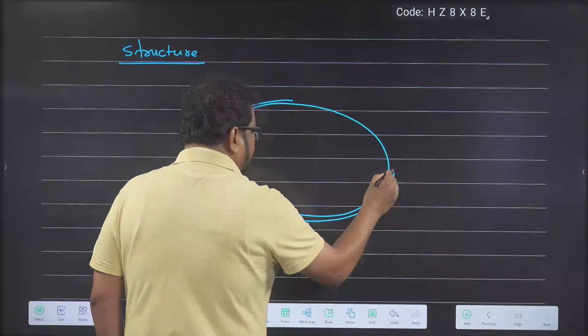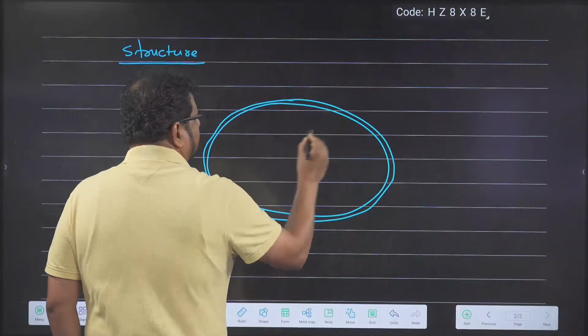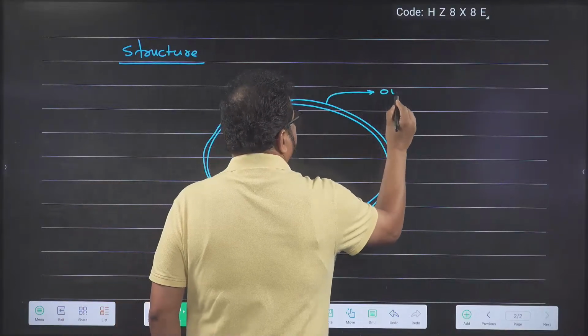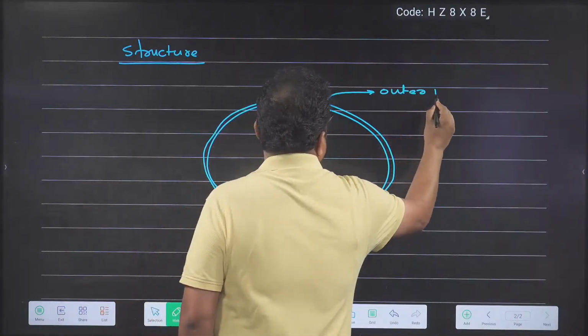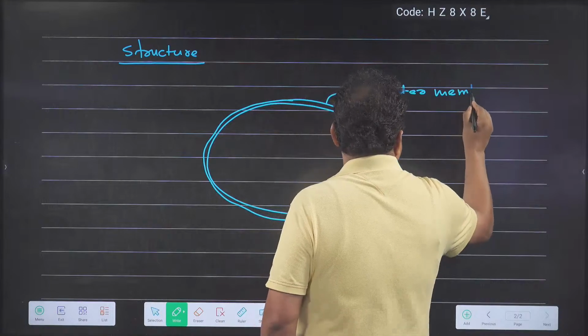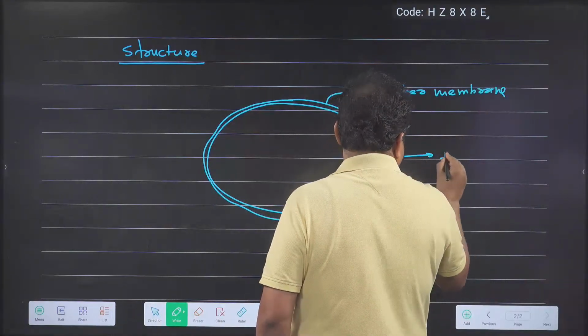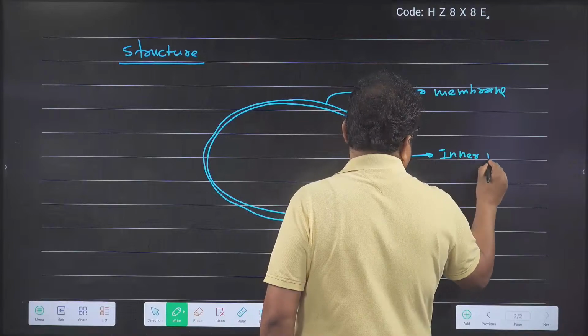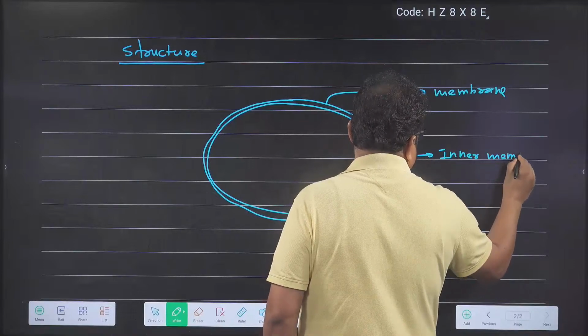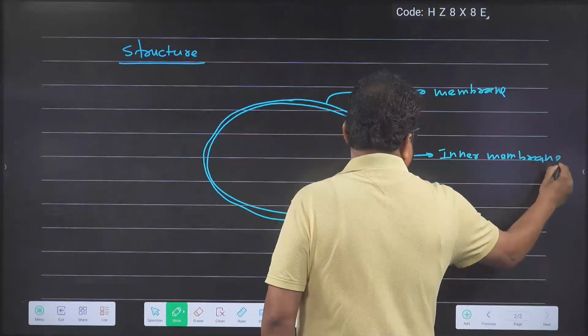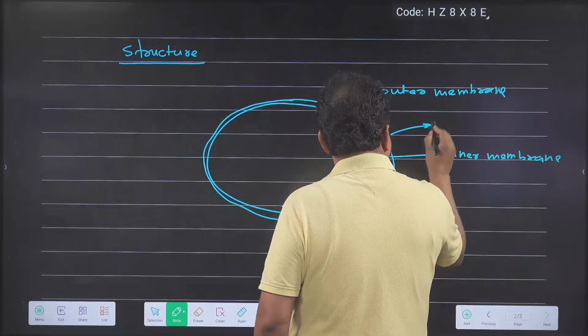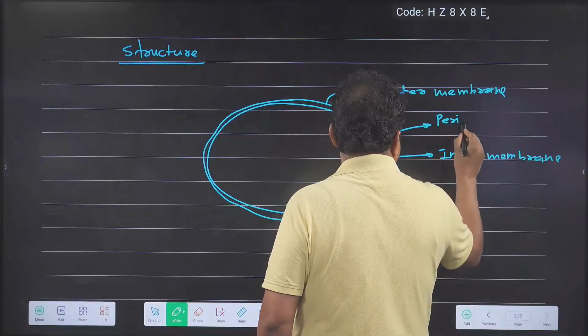Two membranes are there. It is the outer membrane and it is the inner membrane. The space between the outer and inner membrane is called the perimembranal space.